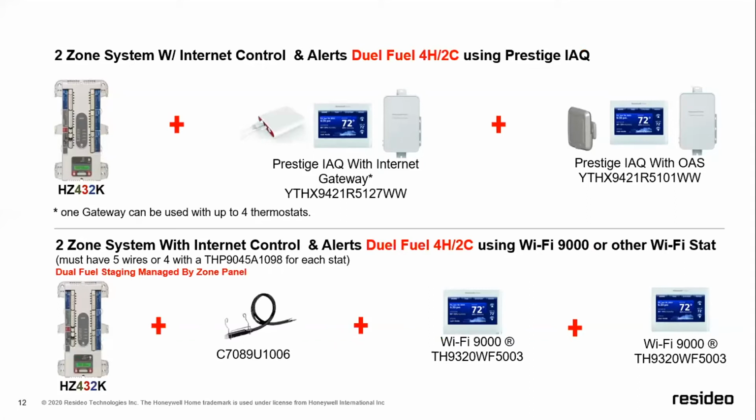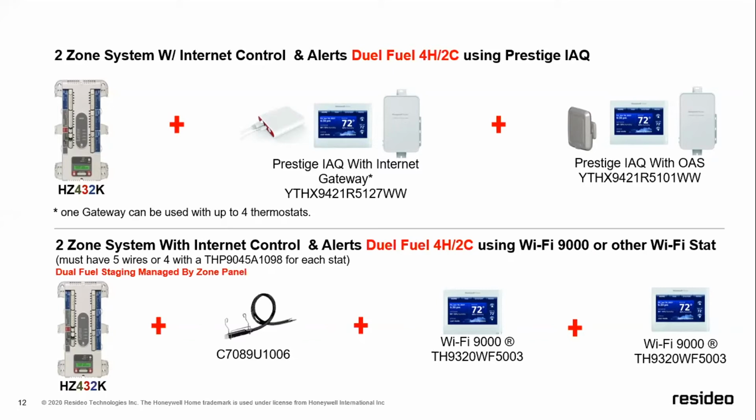Okay, and then with the 432, basically the same thing, but with this, we're going to have the ability to do dual fuel. So with the top setup, what we are doing here is that one wireless RedLINK outdoor temperature sensor is going to communicate with both of those Prestige thermostats so that they will know what the outdoor temperature is.